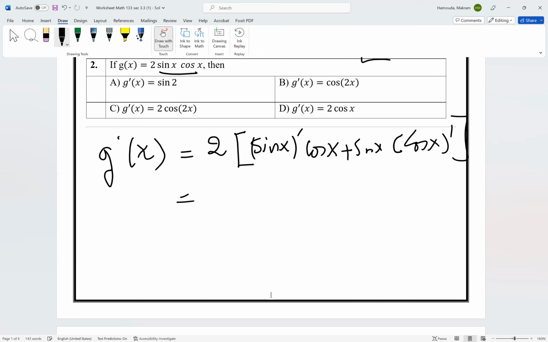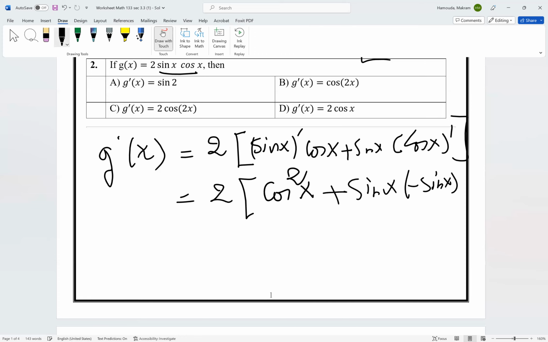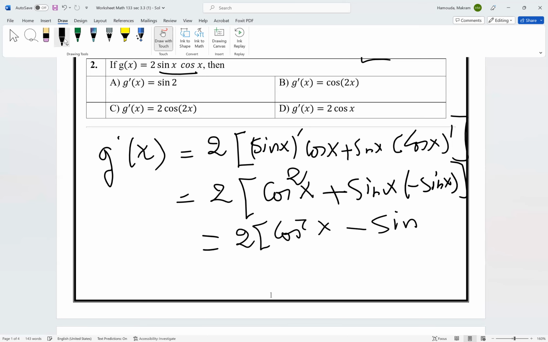And now easily I will get 2 multiplied by cosine x multiplied by cosine x, that's cosine squared, plus sine x multiplied by minus sine x. So that's 2 times cosine square x minus sine square x.